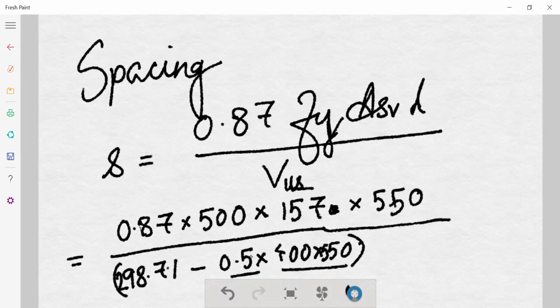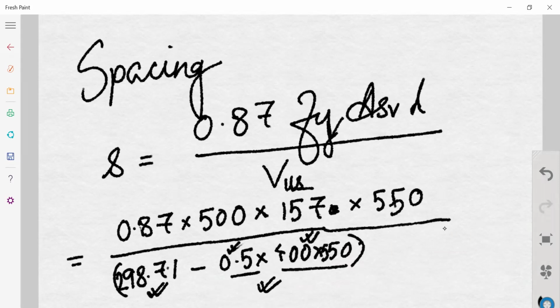And this 298.71 is the applied shear force. So applied shear force minus the capacity, ultimately the spacing you will get it as 185 mm spacing of the stirrups.